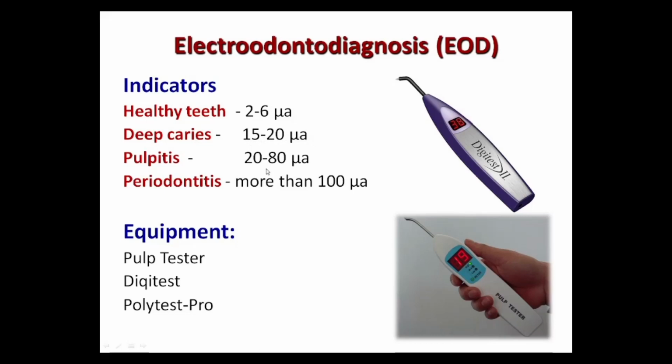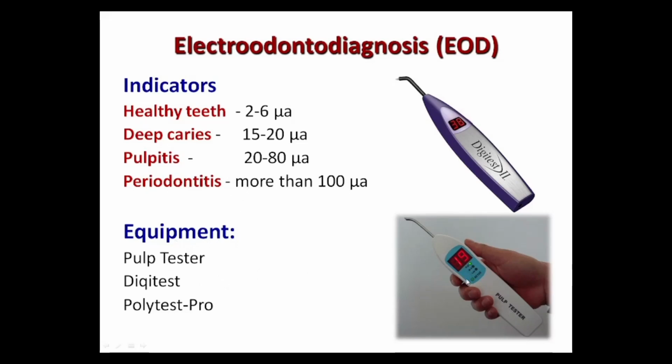During pulpitis, different indicators from 20 to 80 microamperes, and periodontitis more than 100. Pulp is dead, so it does not react to any electrical stimuli, electrical current.